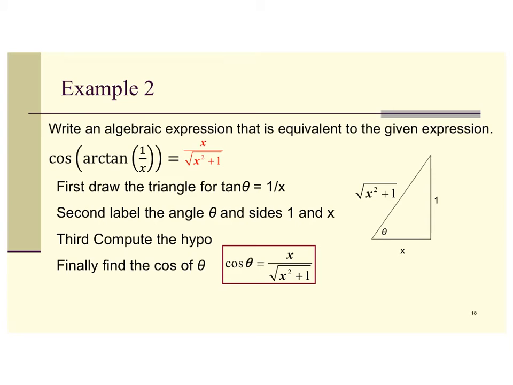Write an algebraic expression that is equivalent to this. Okay, so we know that the tan is 1 over x. That's opposite over adjacent. So I draw my triangle.